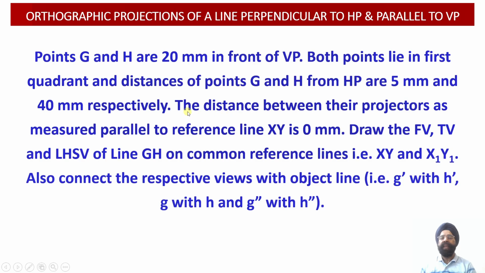And finally, we have been provided with the information that the distance between the end projectors of the points G and H, measured parallel to the XY reference line, is 0 millimeter.